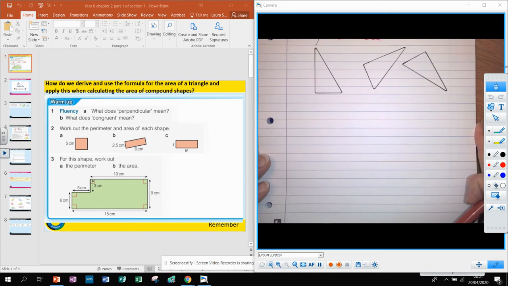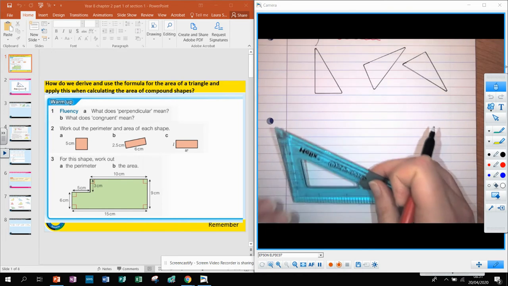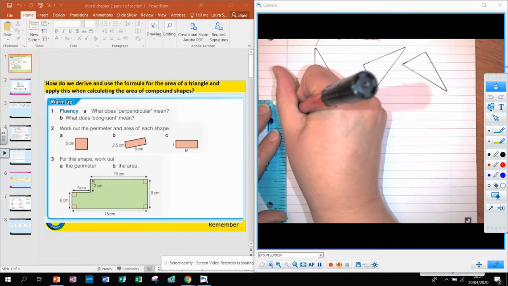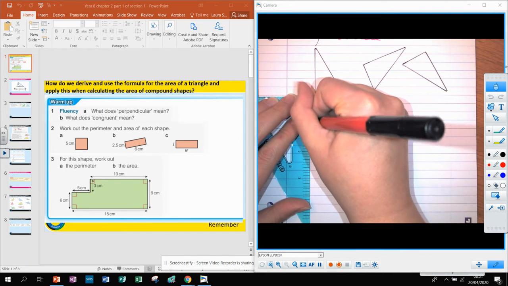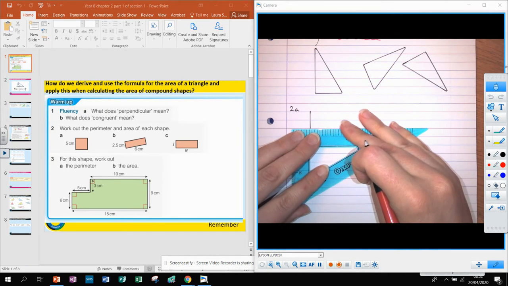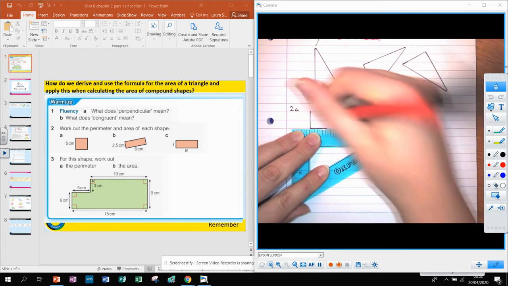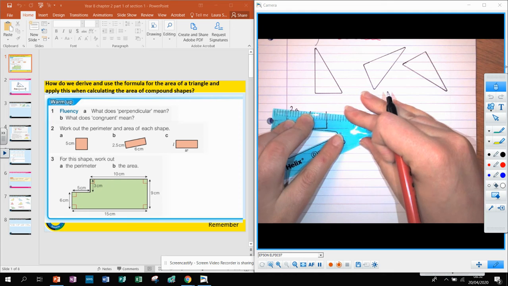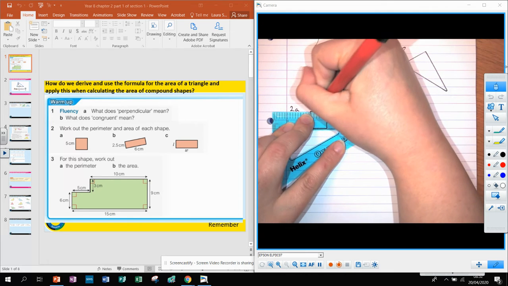Question 2 says, work out the perimeter and area of each shape. Well, the first shape is a square. They're a little bit naughty. When they drew the square in 2A, they should have shown you that it was definitely a square, and the way they would do that is to use little markers to show you that each of the sides were the same as each other.